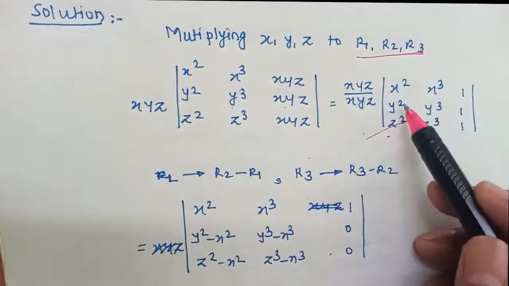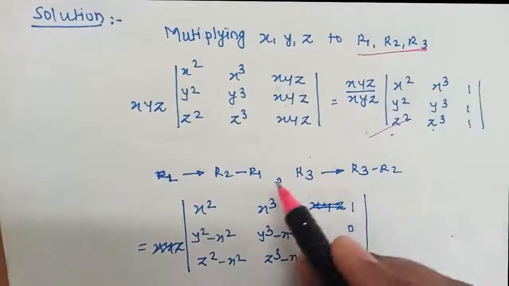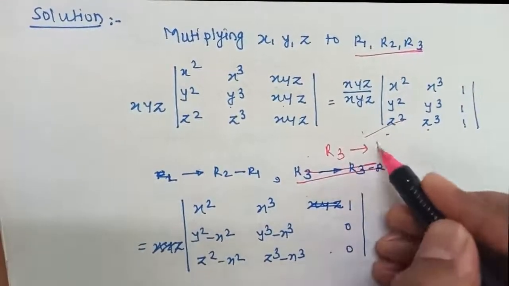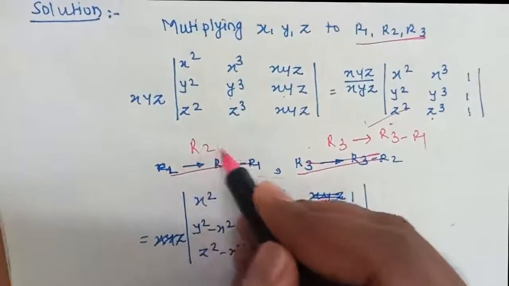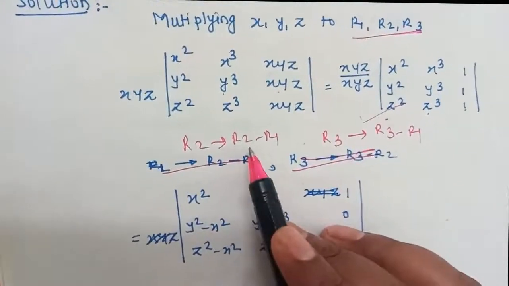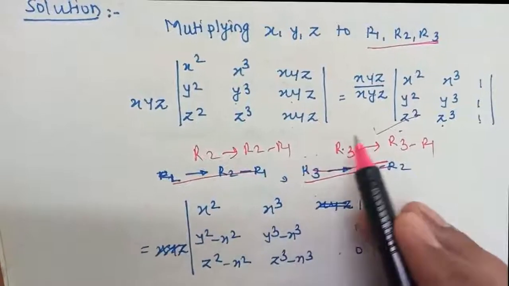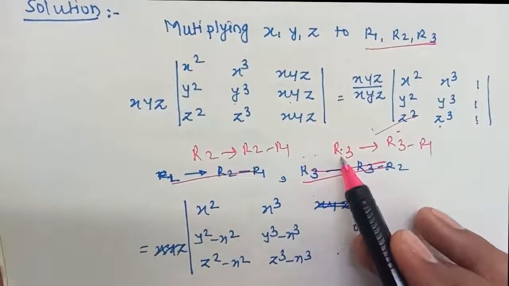So R3 changes to R3 minus R1, and R2 changes to R2 minus R1. I have applied both transformations together. You can do them separately, that also works, but since we have solved many sums, I have done it together.